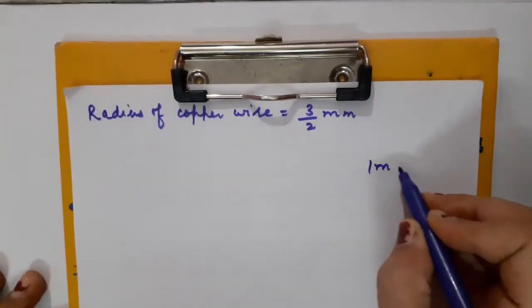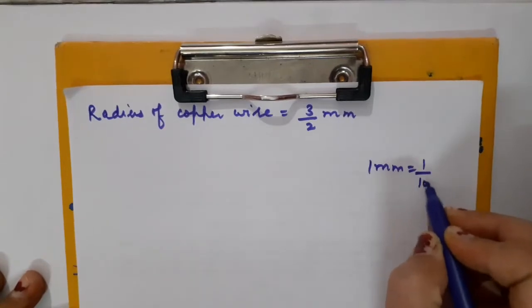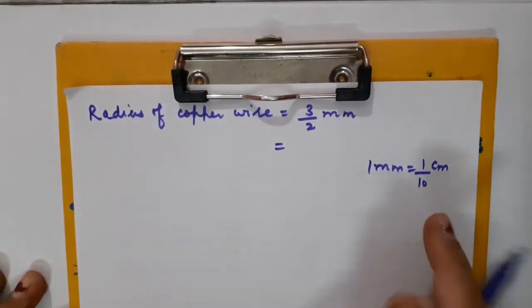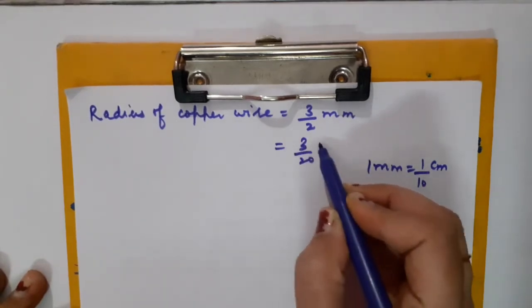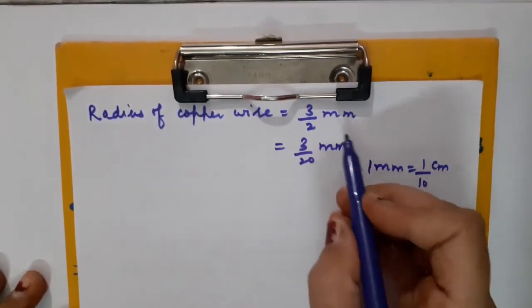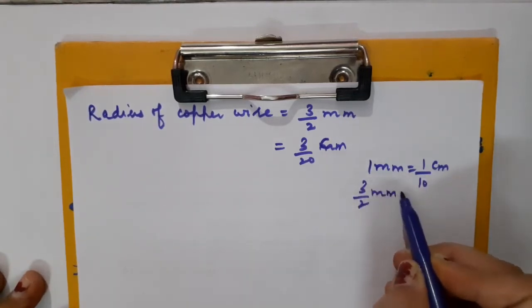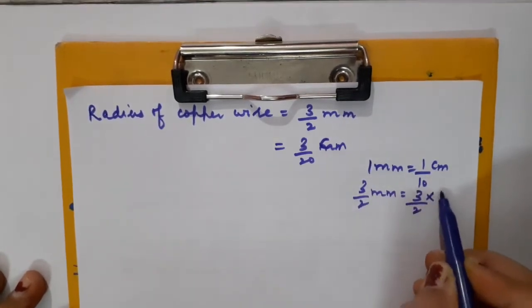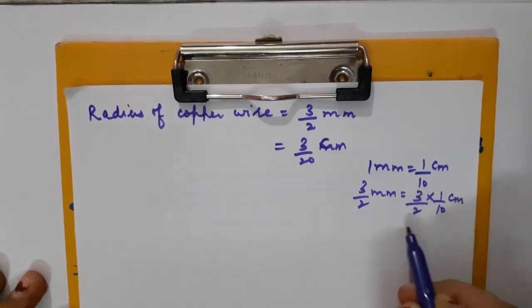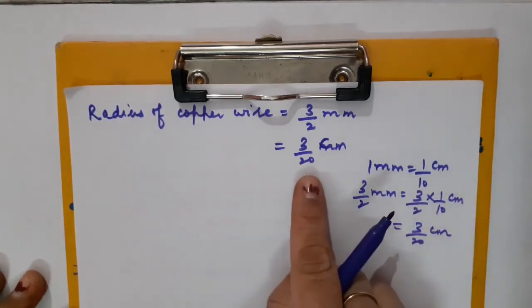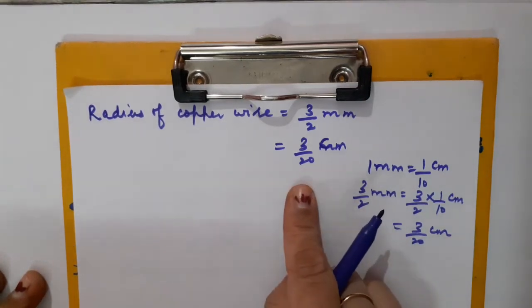We know that 1 millimeter is equal to 1 by 10 centimeters. So definitely 3 by 2 millimeters, sorry, centimeters. Here you are going to write 3 by 2 millimeters. It would become 3 by 2 into 1 by 10 centimeters, that is 3 by 20 centimeters. This is the radius of the copper wire.